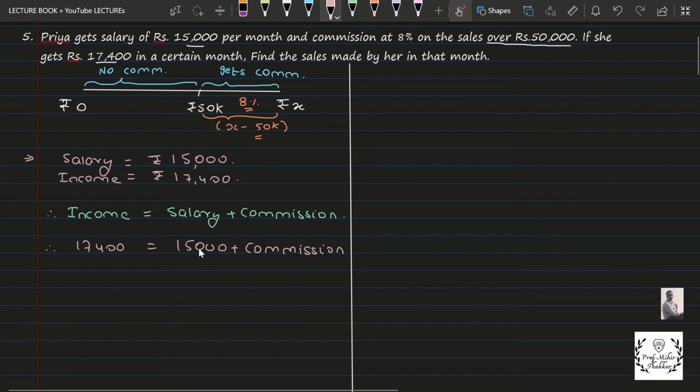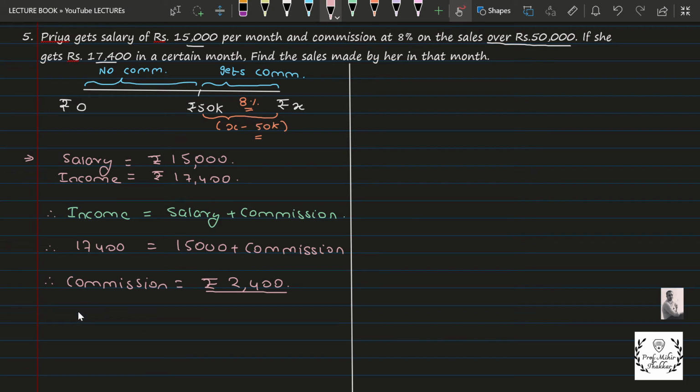So when I subtract this 15,000 on the opposite side, I will get commission is equal to rupees 2,400. So this is the commission that she has got above 50,000 rupees at the rate of 8%.